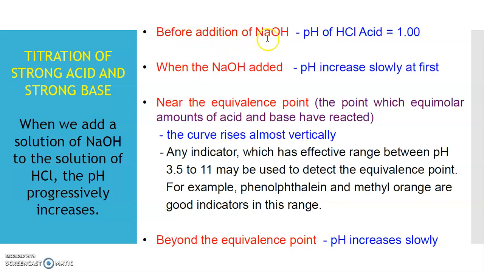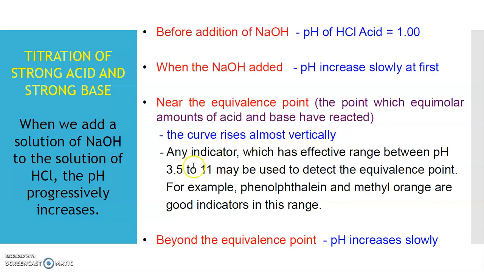Before addition of sodium hydroxide, the pH of the HCl acid is at pH 1. When the sodium hydroxide is added, the pH increases slowly at first. Near the equivalence point, the curve rises almost vertically.